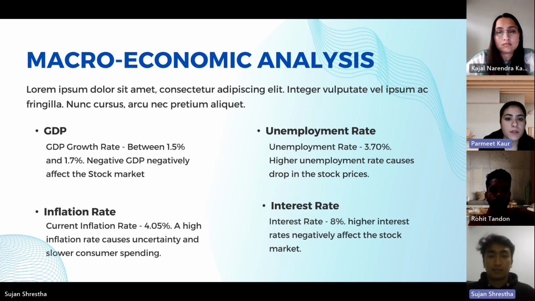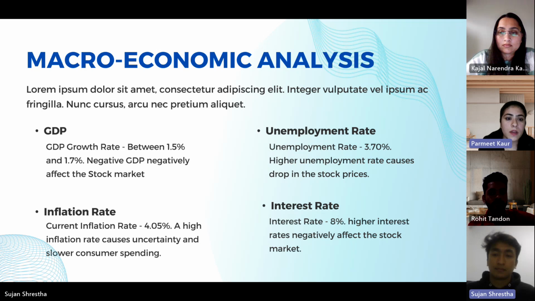If the GDP is negative, the stock market will fall and it will indicate a recession in the economy, or vice versa. Moreover, the current US unemployment rate is 3.70%. The unemployment rate also negatively affects the stock market as people who do not have income spend less, which affects the company's profitability and causes the shares to drop their prices.